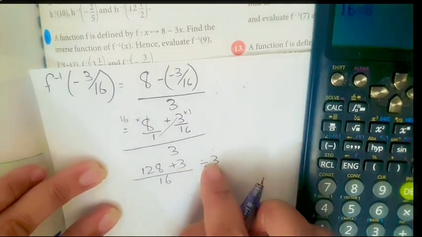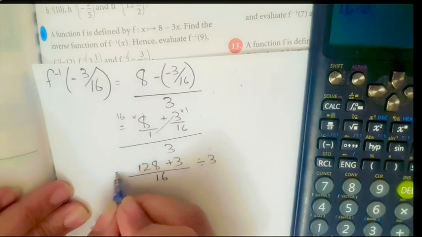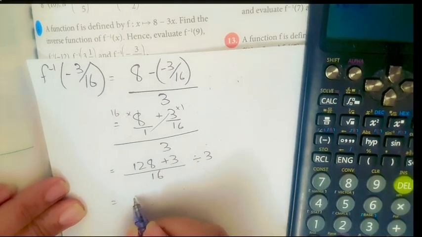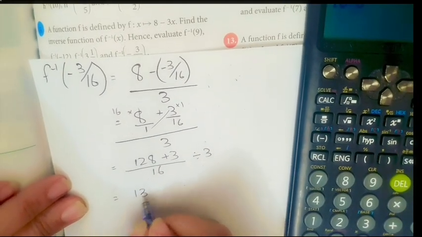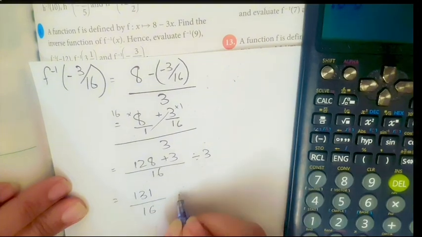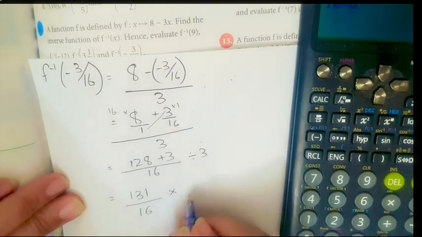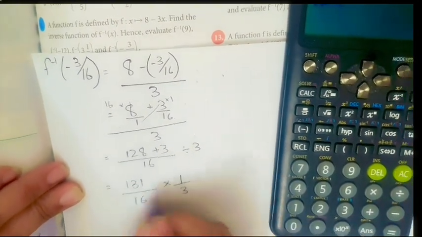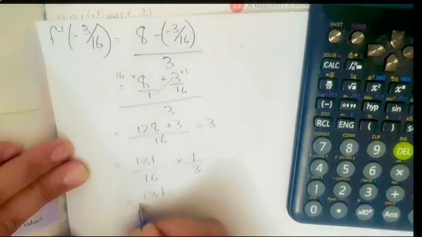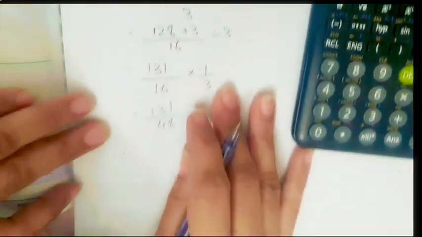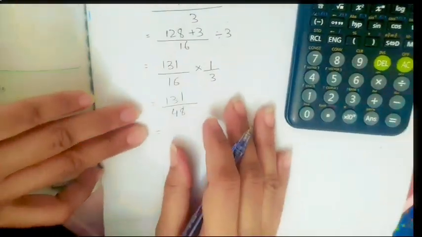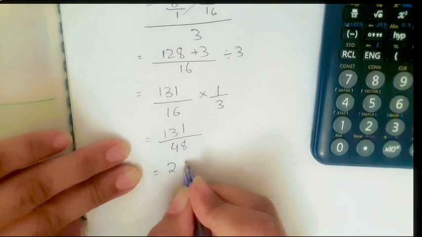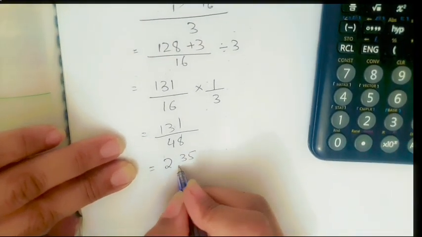Now you can see that 128 plus 3 is 131 upon 16. In place of divide, write multiply, and the reciprocal of 3 is 1 upon 3. So 131 upon 48, or you can write 2 whole 35 upon 48.